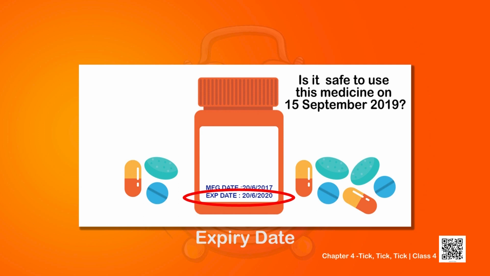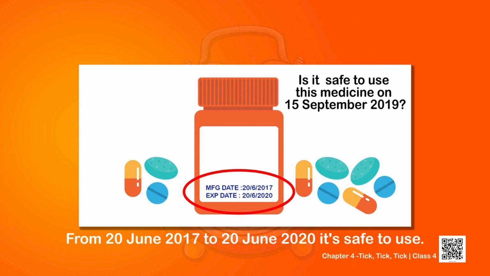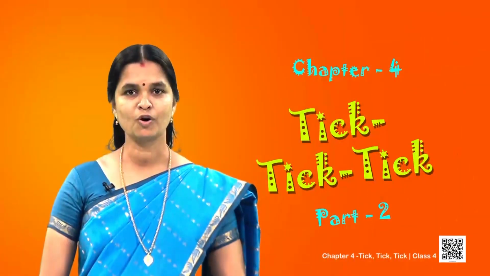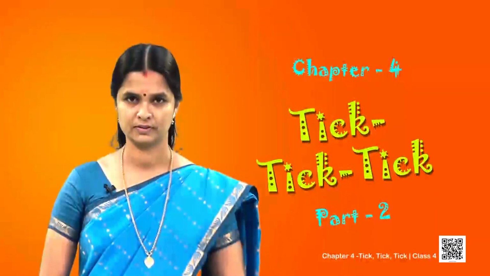So, from June 2017 to June 2020, it is safe to use. The date 15th September 2019 falls in between. So, it is safe to use it. Let us move on to another situation.